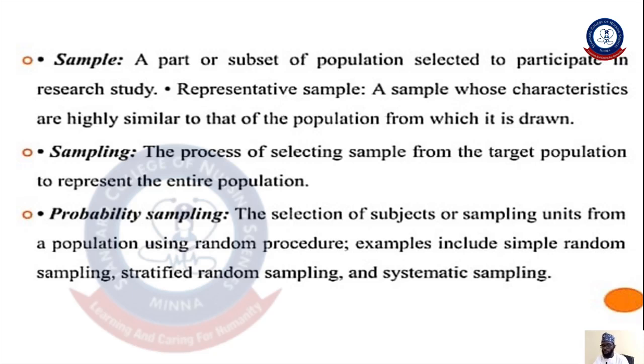You do it through sampling. In sampling, how do you arrive at those units? You do probability sampling. And in randomizing, you either use simple random sampling, stratified random sampling, or systematic random sampling.